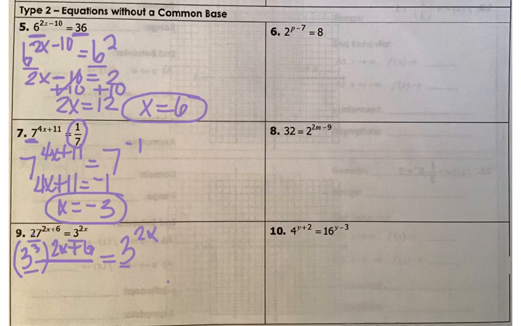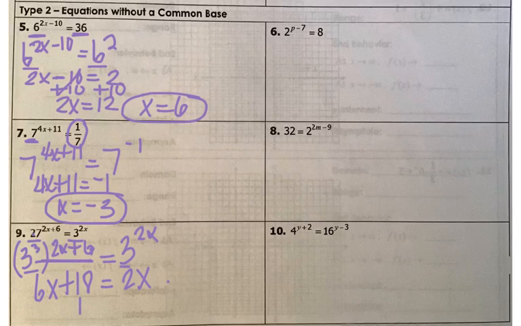Because with our power rules, when you are raising a power to a power, you multiply. So we're ignoring our bases because they're common now, so we're just dealing with the exponents. And we're going to get 6x plus 18 equals, all we have over here is 2x, so it just comes down.